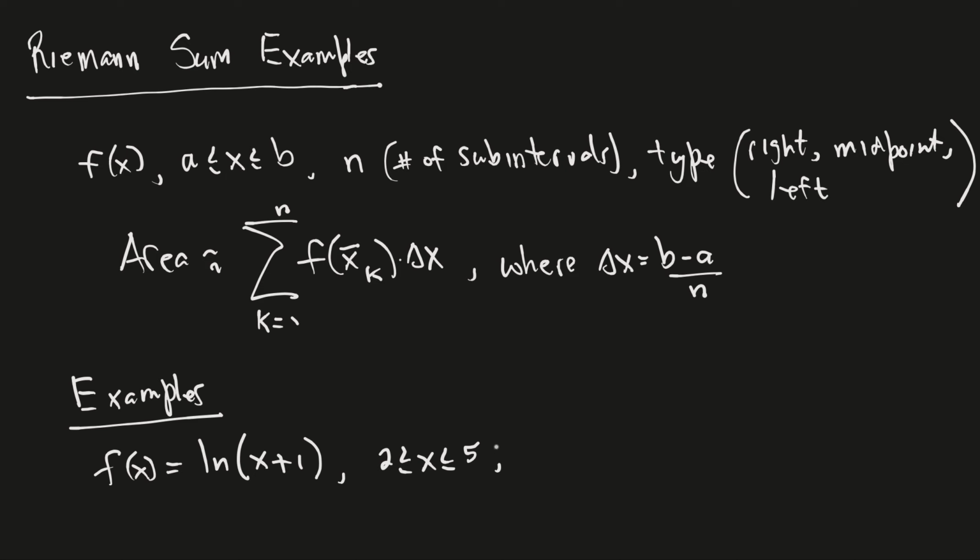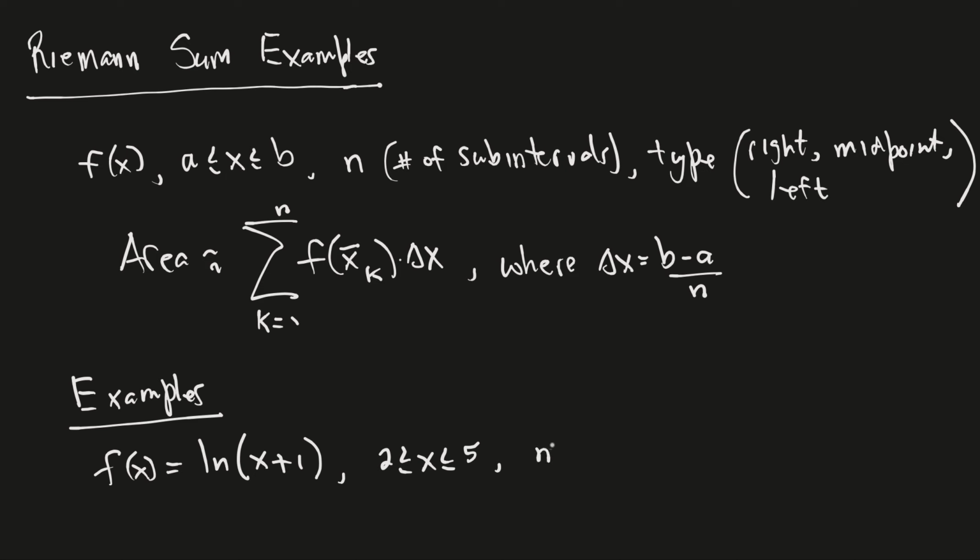And in practice, when you're asked to actually compute these Riemann sums or approximations, the number of subintervals tends to be small. So let's make this not too small, where you lose the pattern to see what's going on, but certainly not so large that we get overwhelmed by how tedious the calculations are.